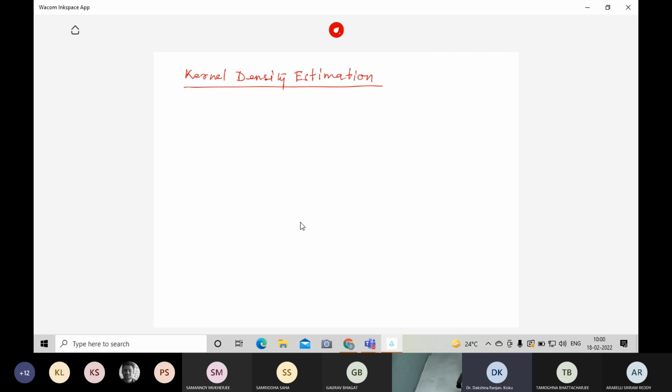Now when we estimate the class density using kernel density estimation, we will see some observations or conditions that comply with the non-parametric methods.